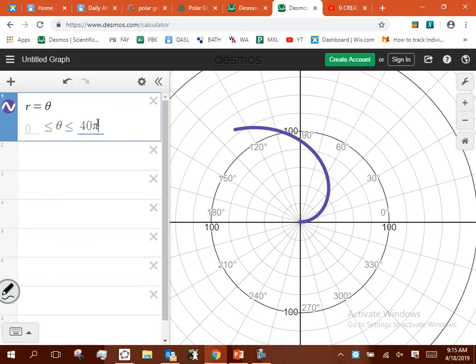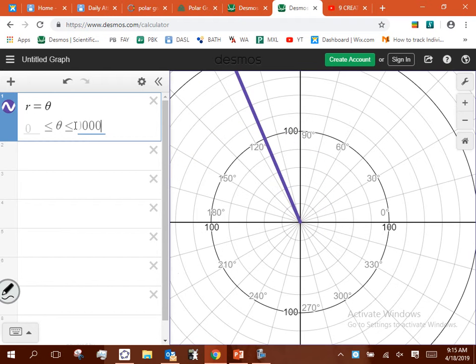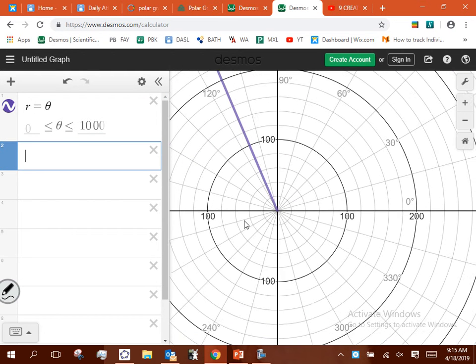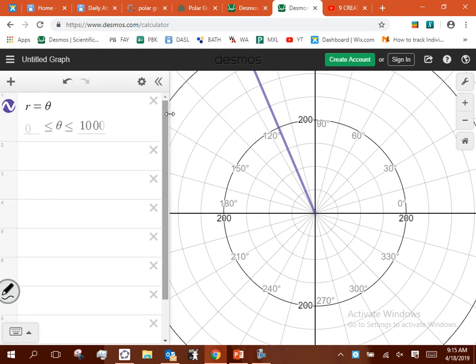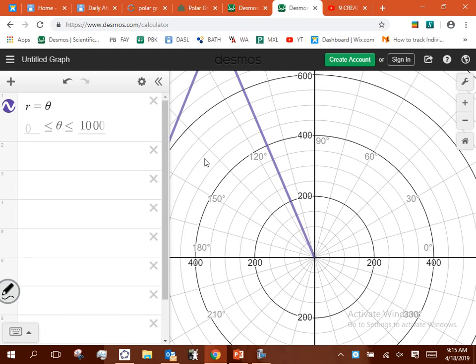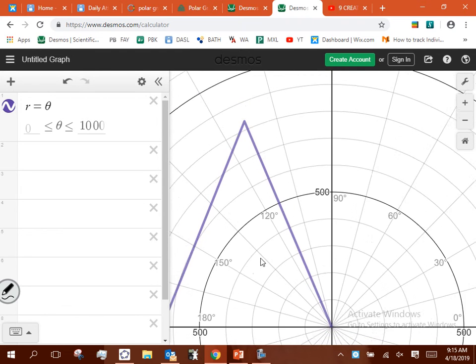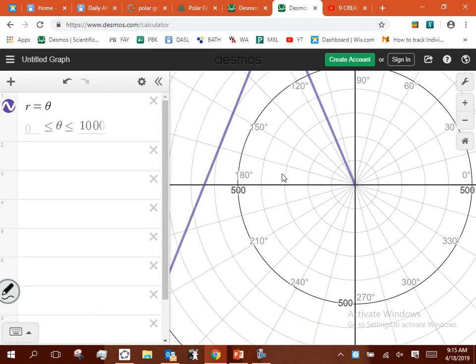And I am in degrees, so let's just do this. Let's go to, I might have gotten a little carried away with the degrees there. Right, so that's the thing, is that it didn't really zoom in.